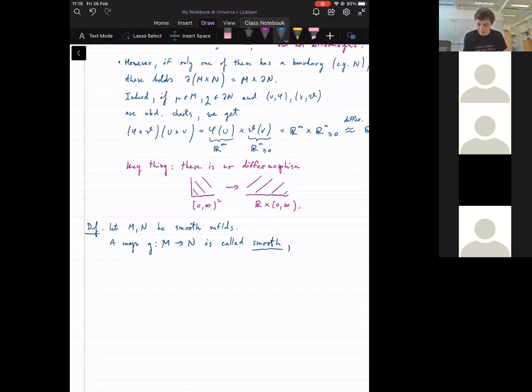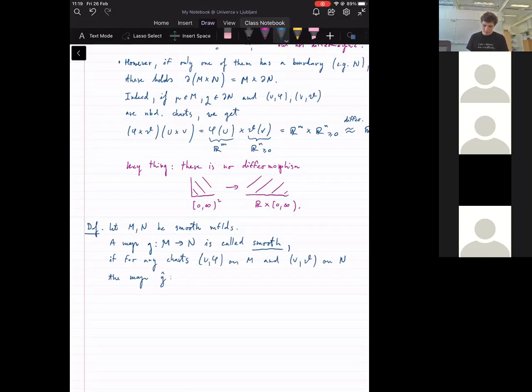So a map G from M into N is called smooth if for any charts, let's say U, phi on M and V, theta on N, the map, and we usually denote this by G hat.